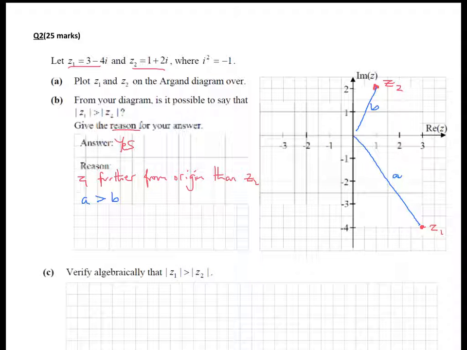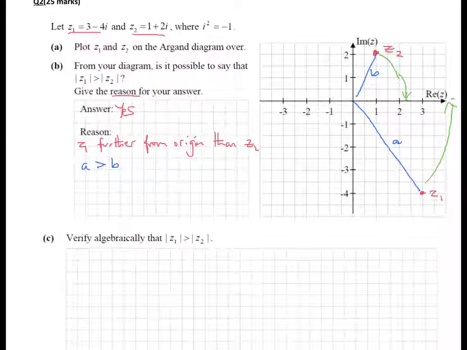You might show, using a set of compasses, the length of Z2 coming down to the number line compared to Z1. You might show it that way. We can clearly see that Z1 is further away from the origin than Z2 is. And as long as you're able to articulate that point, that's all that's required.